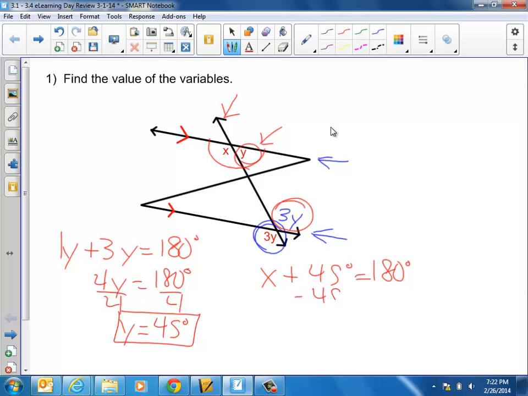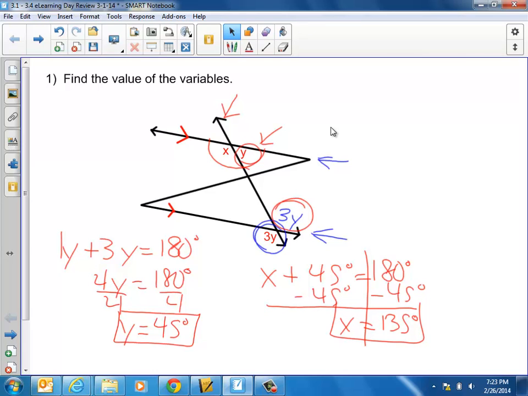Subtract off the 45 from both sides, and we get that x is equal to 135 degrees. Swagtastic. There you go. We found x and found y, knowing that the top and bottom sandwich buns were parallel.